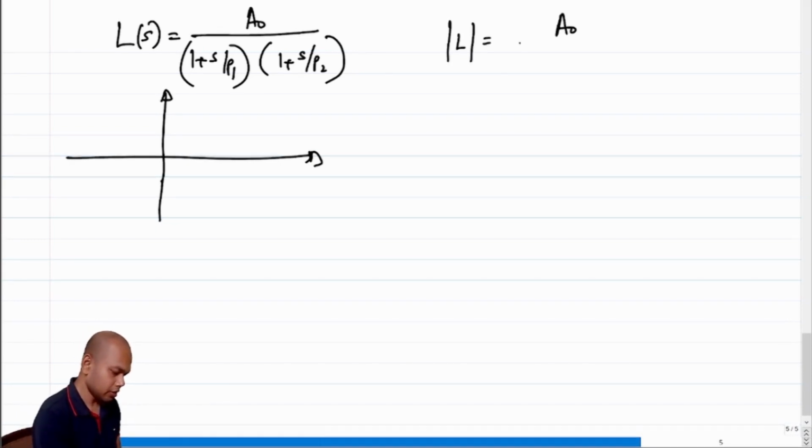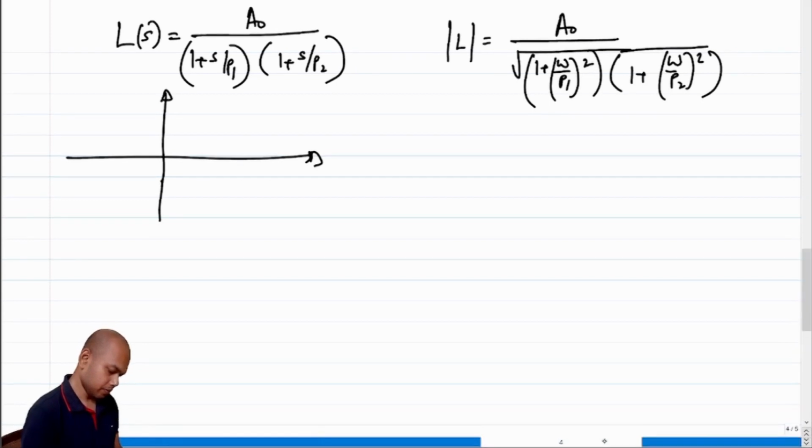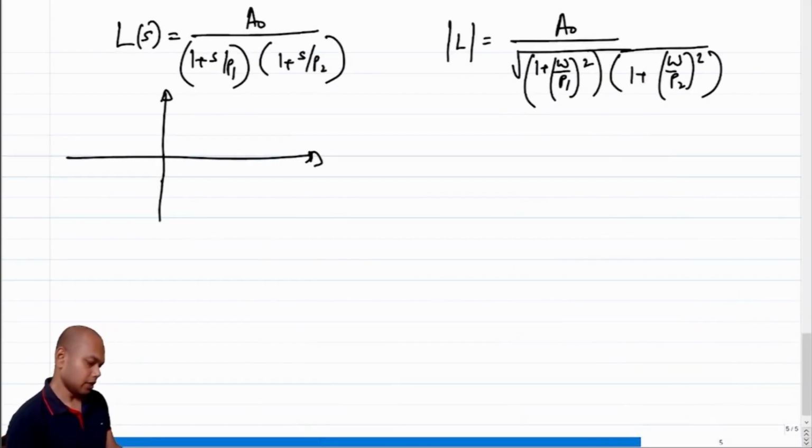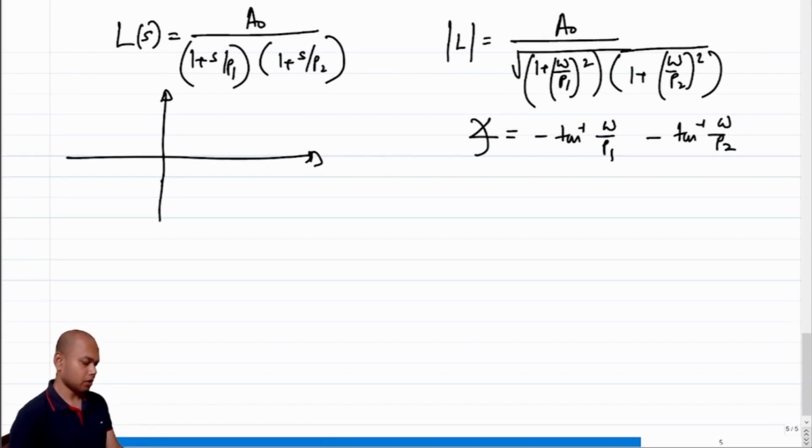Mod of L is A naught by under root of (1 plus (omega by P1) squared) times (1 plus (omega by P2) squared), right? And what is the angle? The angle is minus tan inverse omega by P1 minus tan inverse omega by P2.